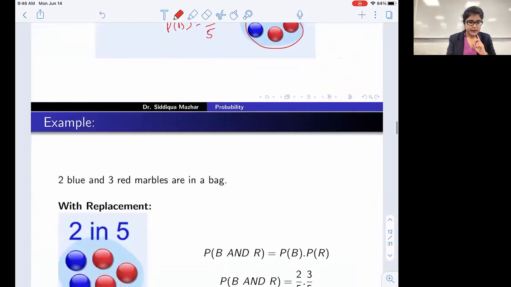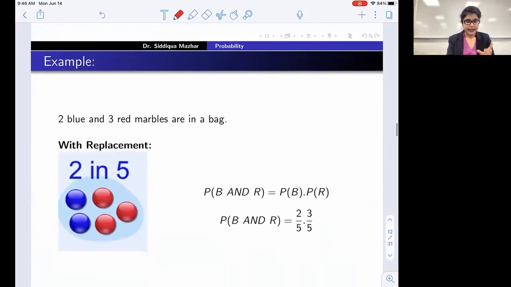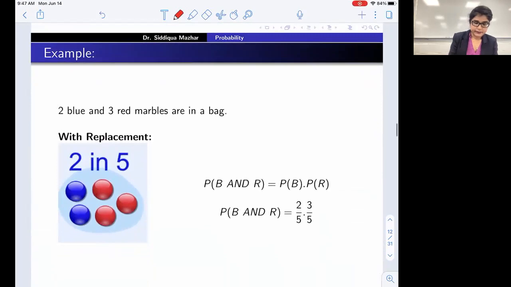So for example, if we have 2 blue and 3 red marbles in a bag, what is the probability of a blue marble and a red marble? If these are independent events, if you are putting these marbles back into your bag, that is with replacement.